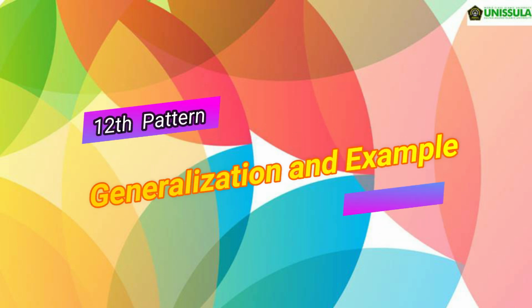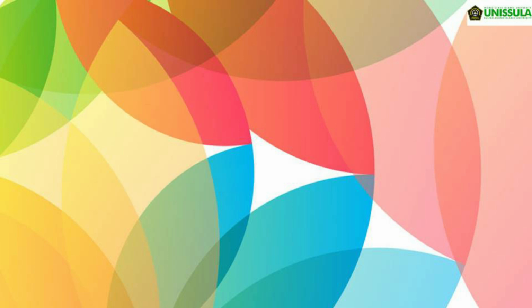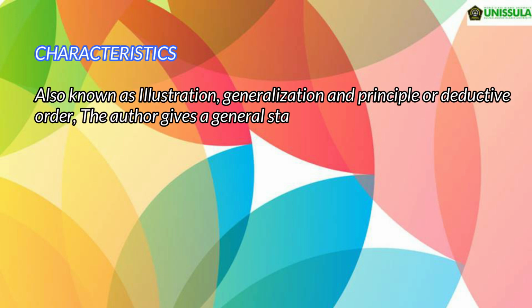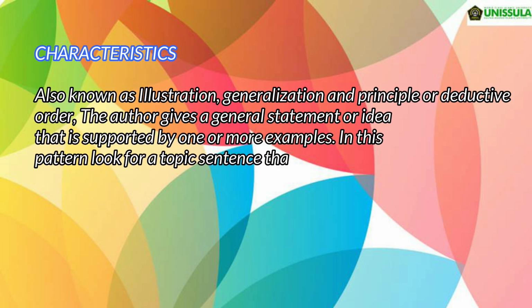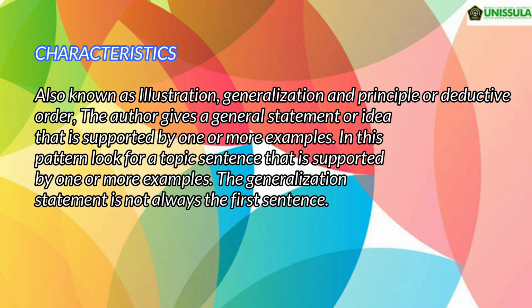The next pattern is the generalization and example pattern. This pattern is also known as the illustration pattern, generalization pattern, and principle or deductive pattern. This is about the deductive order pattern.